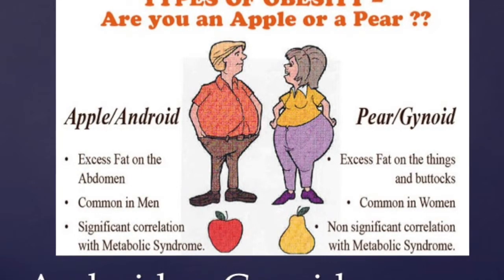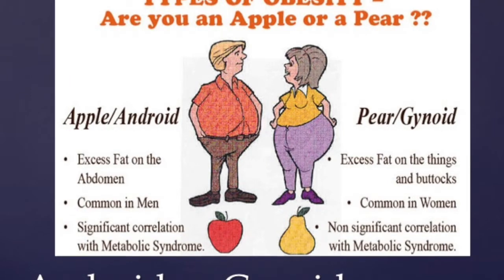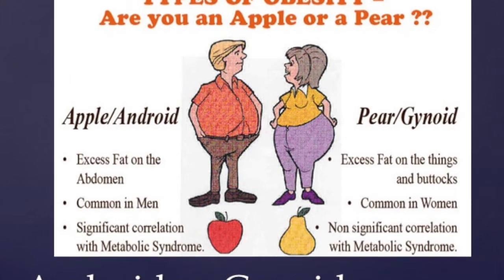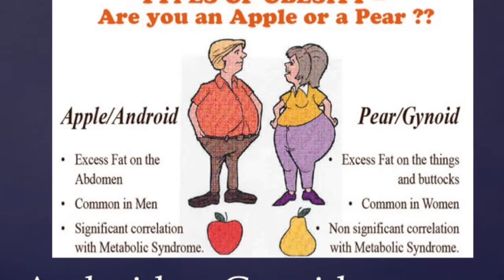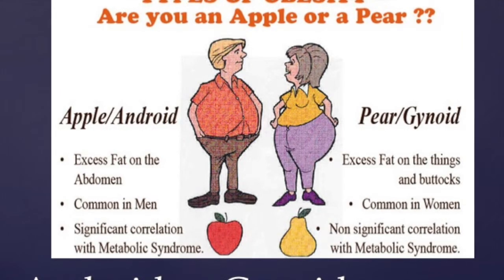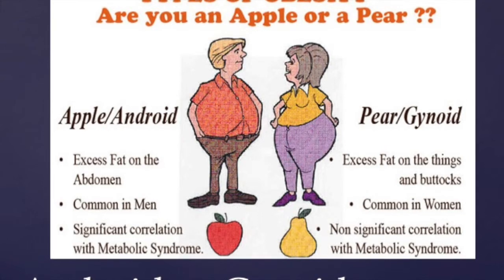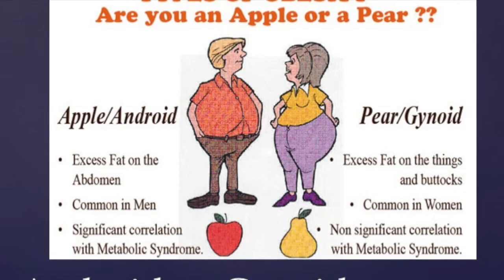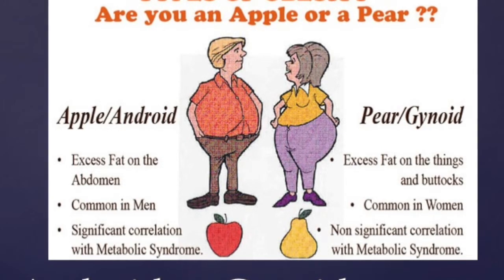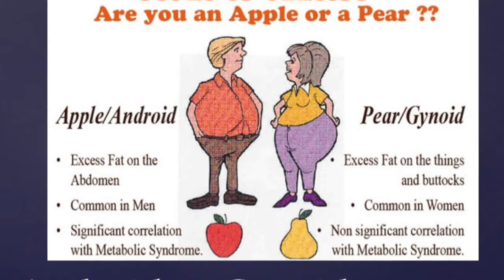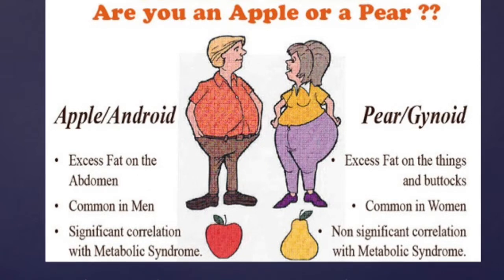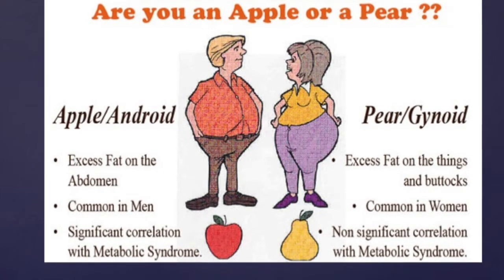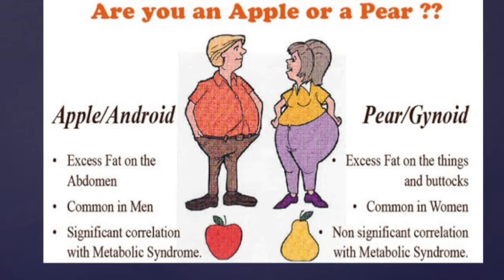Considering the fact that android obesity is more central, closer to the heart, these individuals are more likely to have diabetes, CVD, hypertension, and premature death compared to the individuals with the gynoid obesity.